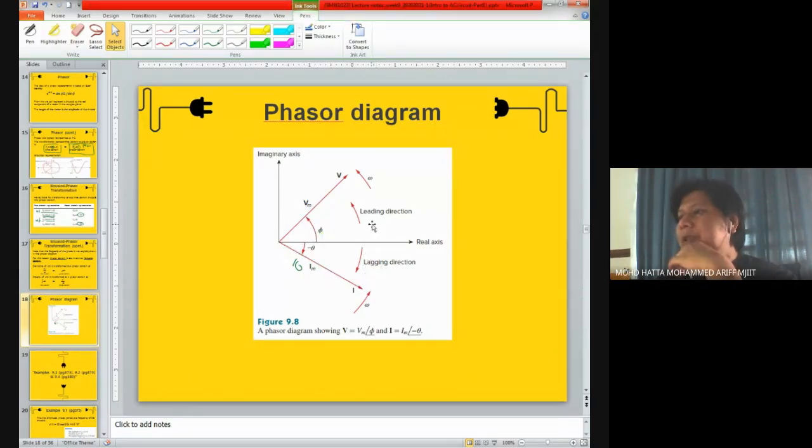Here we have Vm with this angle over here, and let's say this is, sorry, not 30 degrees, 45 degrees. Let's say this is 45 degrees, and this is negative 30 degrees.